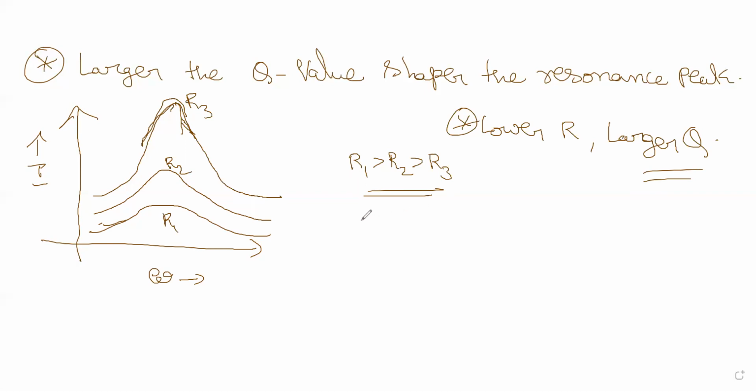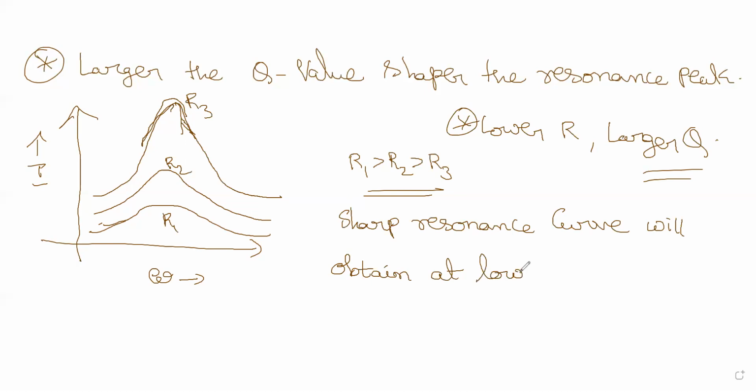So you get sharp resonance curves at lower resistance. When I see sharper and sharper curve, that is the case where I get lower resistance. Please note it.